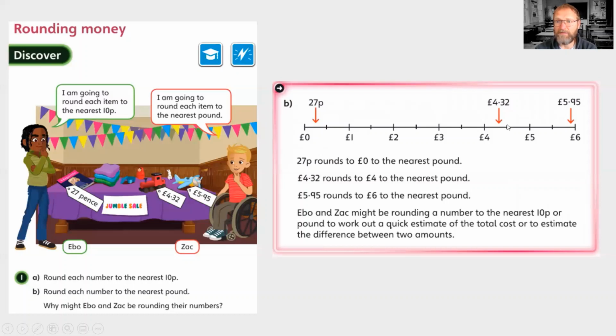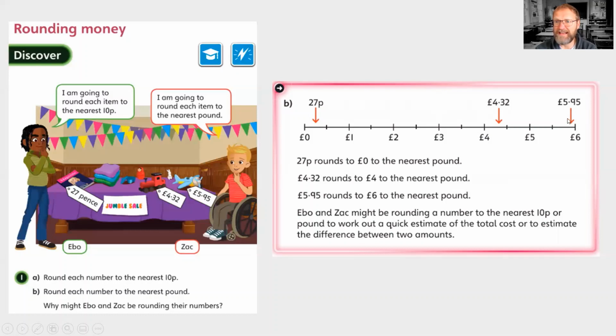£4.32. Again, here we've got £4.50. So £4.32 would go here on our number line. And once again, you can see it is much nearer to rounding down to £4 than it is to rounding up to £5. So we would round £4.32 down to £4. Now, last number, £5.95.